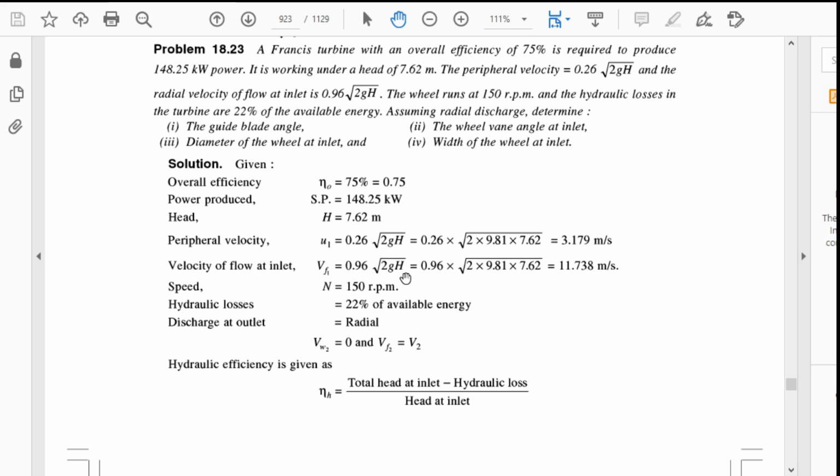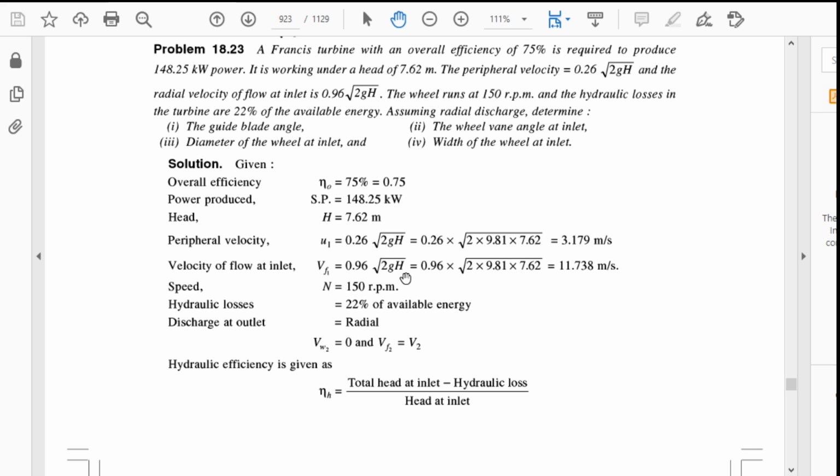Now if you see here, the velocity is given in terms of h, so the actual value of velocity is also to be determined. They have given it in terms of formulas, so substitute the value of head in that velocity.